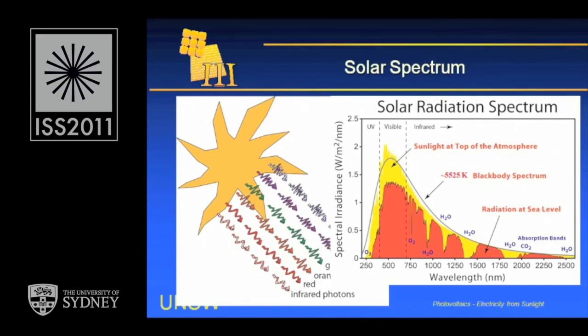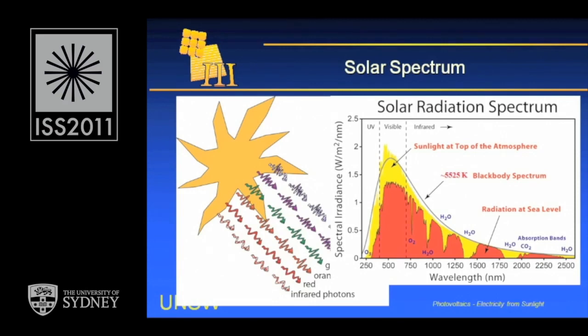Interestingly, the peak in the spectrum is in the range of wavelengths that our eyes are sensitive to. So this is either a result of evolution or grand design, depending upon your point of view. But this is the fact. There is plenty of energy at wavelengths beyond the violet, in the ultraviolet here, and in the infrared down here.